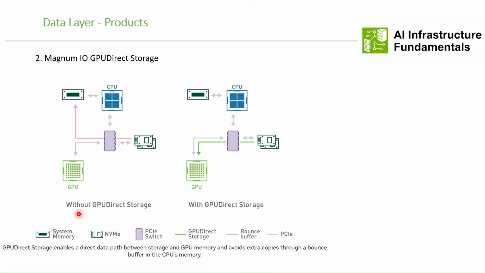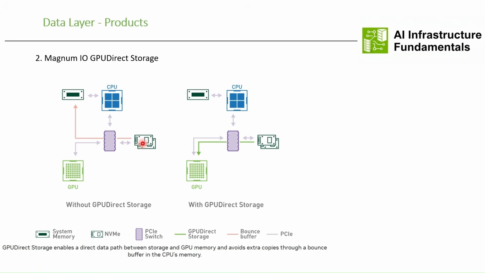To understand what exactly GPU Direct Storage is, and the significance of this, look at this diagram without GPU Direct Storage. This is NVMe, as you can see here. NVMe stands for non-volatile memory express. This is basically SSDs, solid state drives, huge amounts of storage.